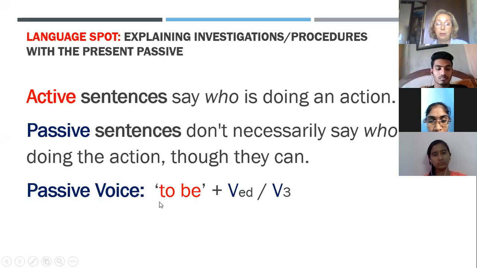For example, is carried out. Carry is a regular verb, so we add ed. Carried, is carried out. Or is done. Do is irregular, that is why we use the third form, done. Do, did, done. Is done. So these are the verbs in the passive voice and the form of the passive voice.